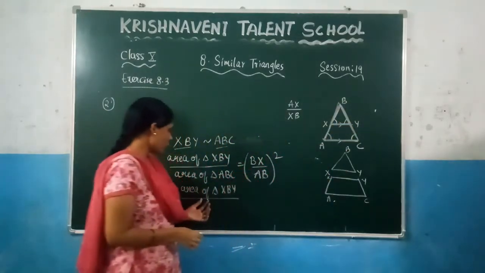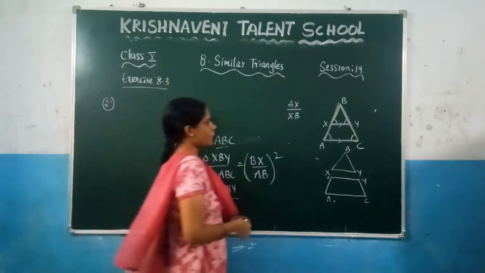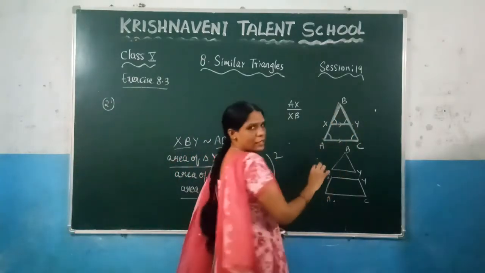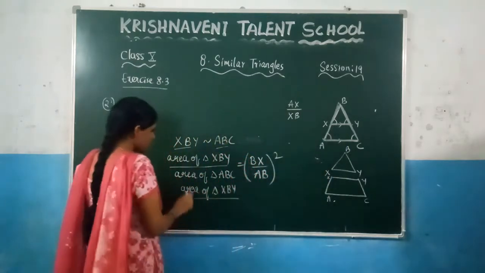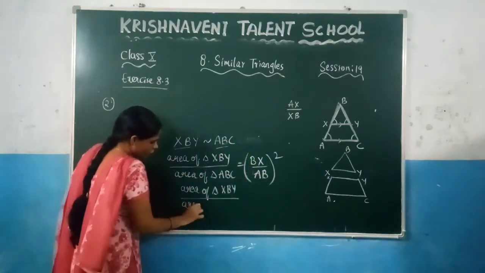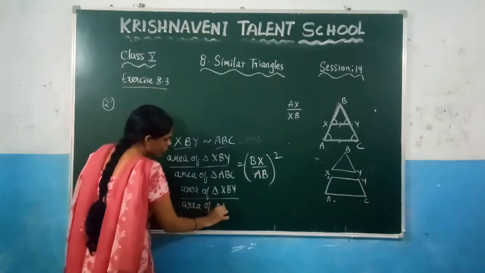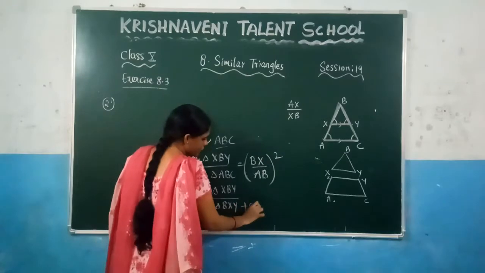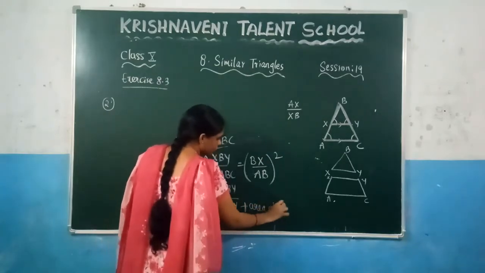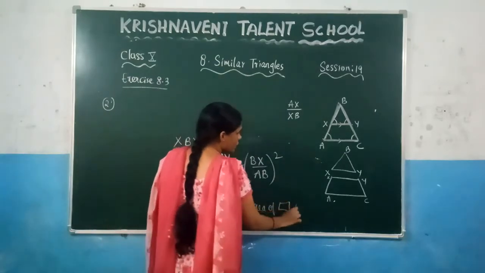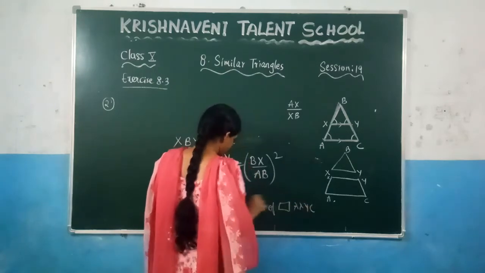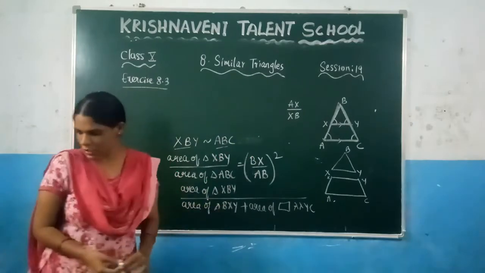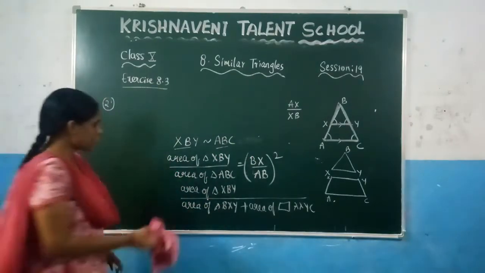So in place of triangle ABC, I am writing this area plus this area. Total, you will get the total area, right? So you can write that as area of the triangle BXY plus area of the trapezium. What is the trapezium? Which is AXYC, right? So this value is equal to BX by AB whole square. This is what we got here. Now let us solve this one.